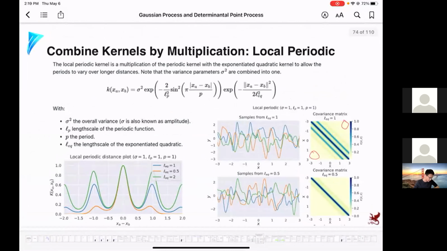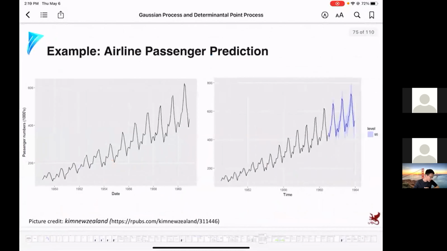So this is the kernel. And then I have one example of when this kind of kernel will be useful. We consider this airline passenger prediction problem. The data set shows the number of airline passengers from 1950 until 1960. We see the general trend is growing.